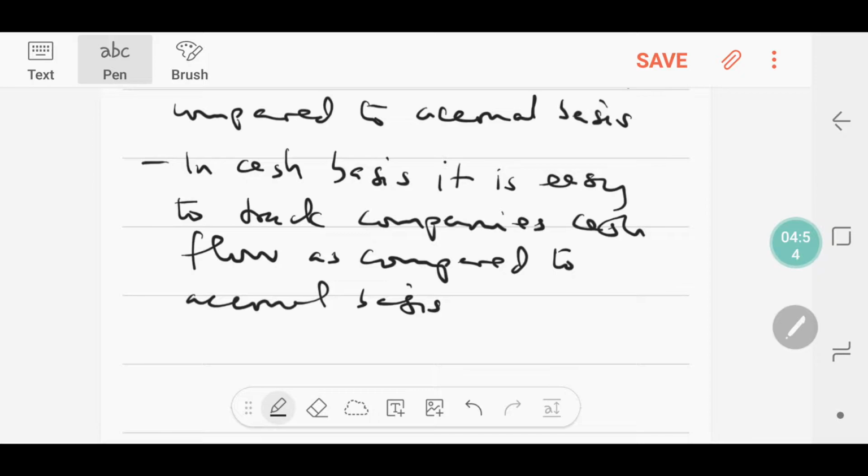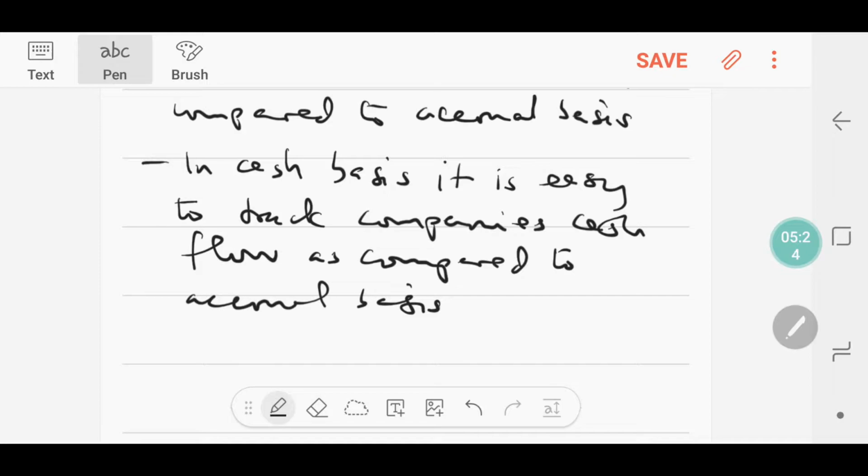In cash basis, it is easy to know the cash flow status of the company because all the information you have is about cash received or cash paid. But in accrual basis, it is very difficult to track the cash flow of the company because the transaction can be recorded even if the cash has not been received or paid.